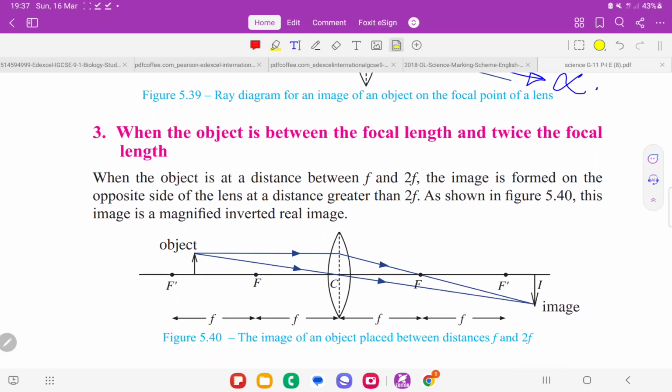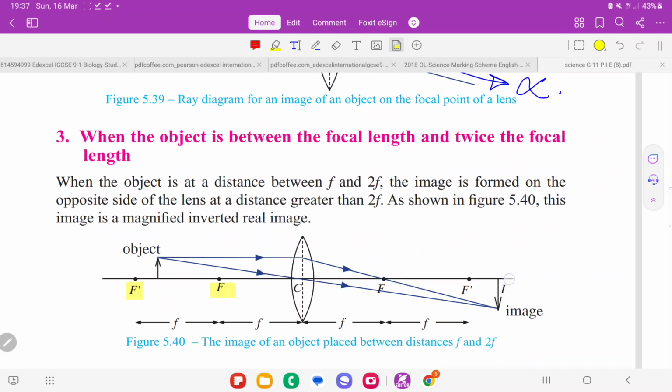And then the next one, the object is between the focal length and twice the focal length. For twice the focal length, normally we name it 2f. Here it is f dash, but 2f is better.